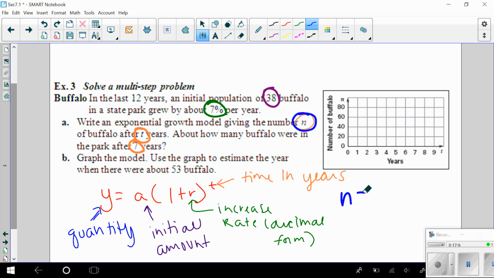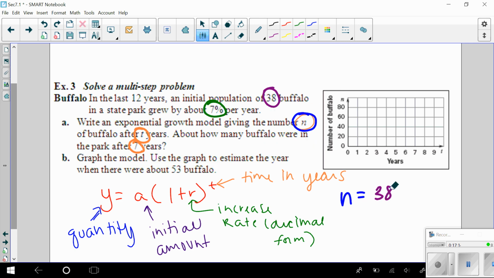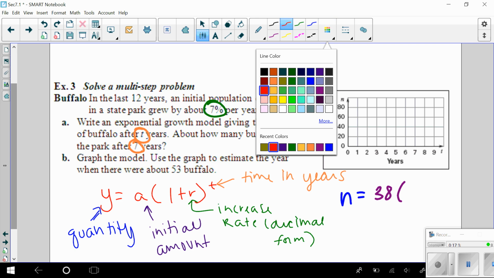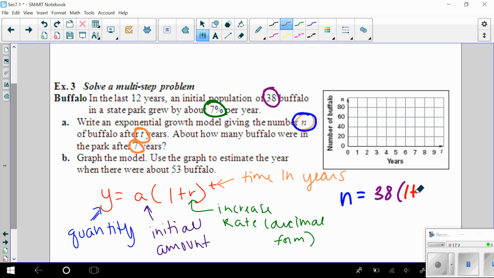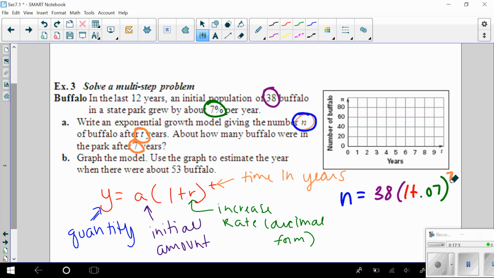We'll say the number of buffalo is equal to the initial amount of buffalo that we started with, which was 38, times 1 plus our rate as a decimal, which is 0.07. 7% is 0.07. And we're looking for that after 7 years. So our t is 7.